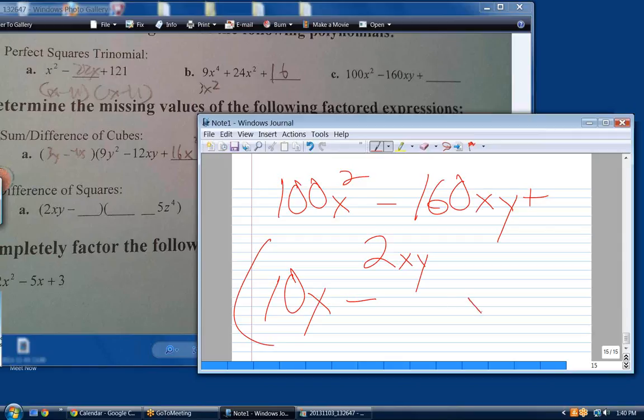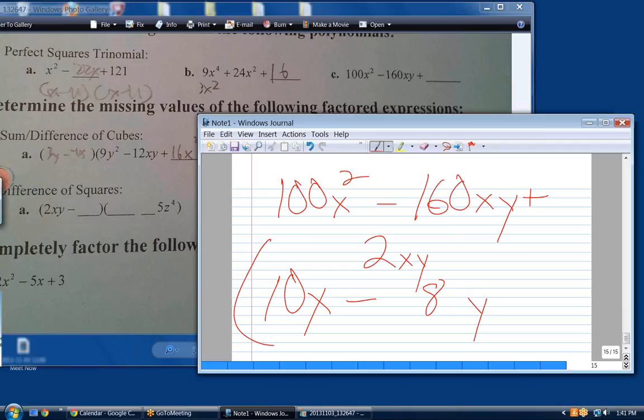It's got to have a y in it, right? Would it be 40xy? 80. Yeah, 80.